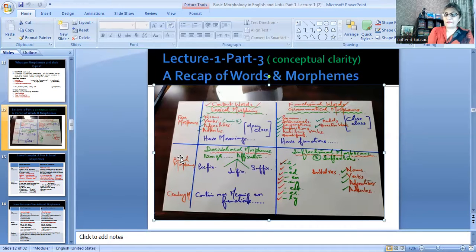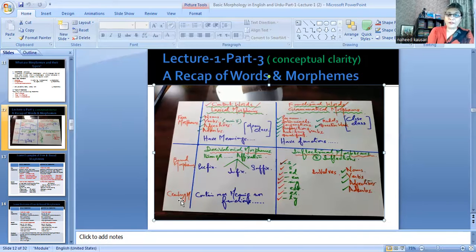So there are two types of bound morphemes: either derivational morphemes, which are the output of the derivational process, or the inflectional morphemes, which is in terms that the inflections as morphemes participate in building words, having themselves attached with the nouns, verbs, adjectives, or adverbs to make different words.